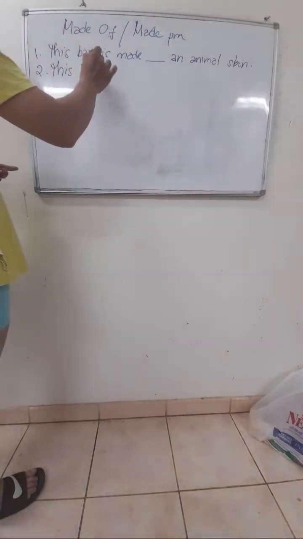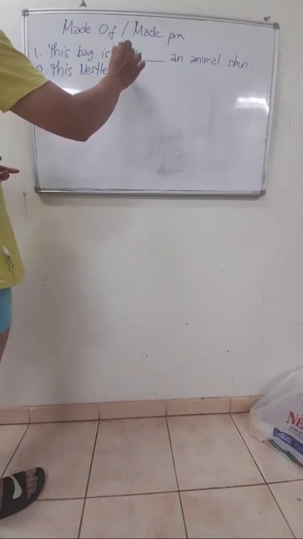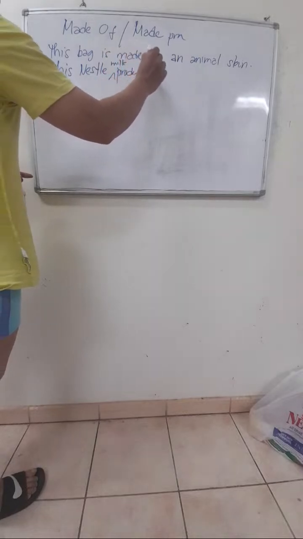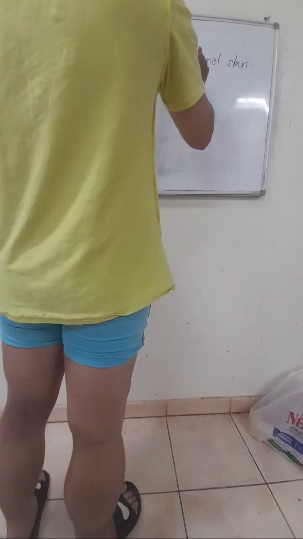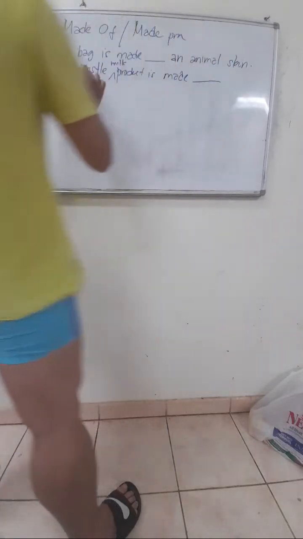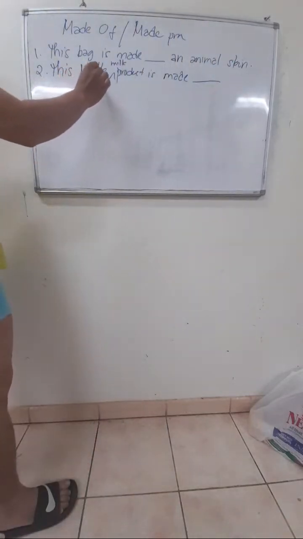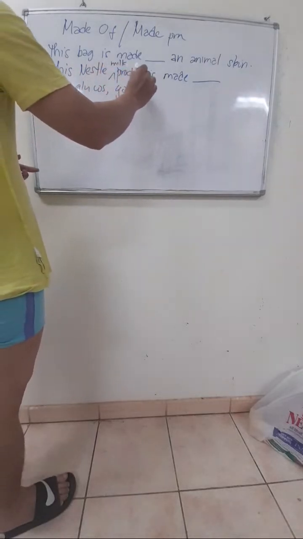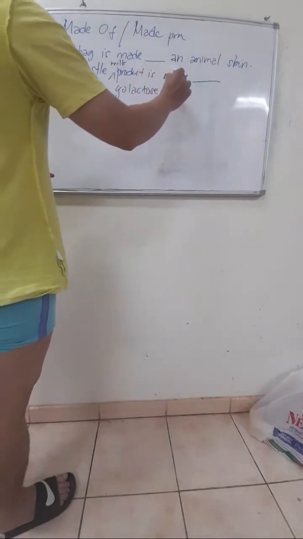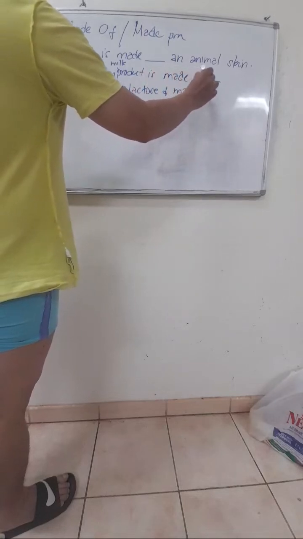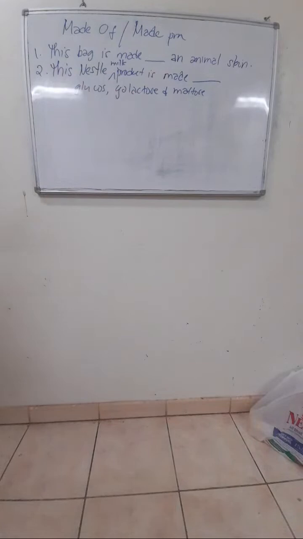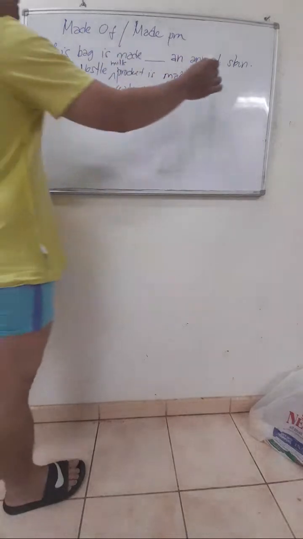This Nestle product, or milk product, is made blank glucose, galactose, and maltose. You get the point? So just leave me in that way. Even though it will not be scientifically correct, our purpose only is to establish the right grammar. Meaning hypothetical, not subject for reality, for the purpose of discussion only.